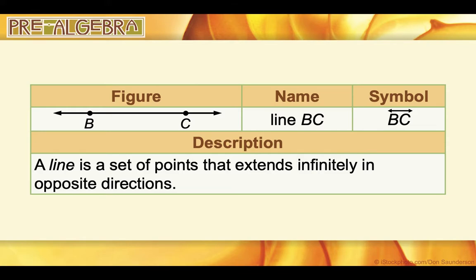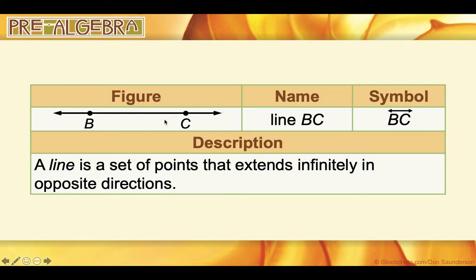Next, we're talking about a line. We've been graphing lines a lot in this last chapter. Remember, a line is made up of at least 2 points, but we also talked about that it's made up of an infinite number of points, which means, therefore, it extends infinitely in opposite directions.